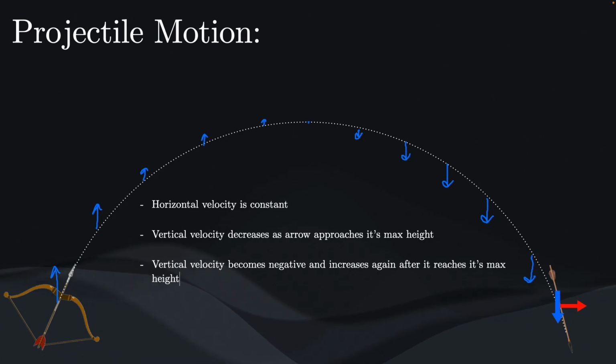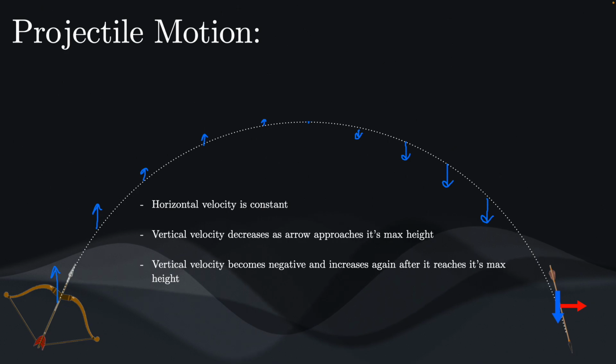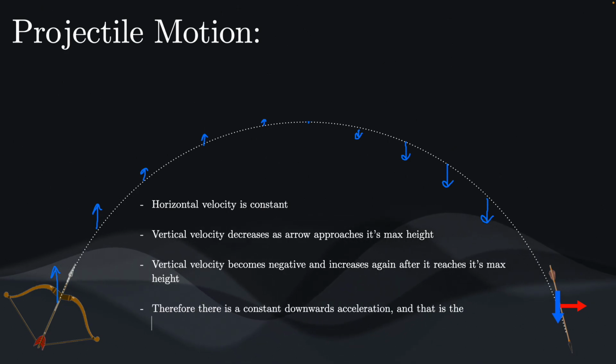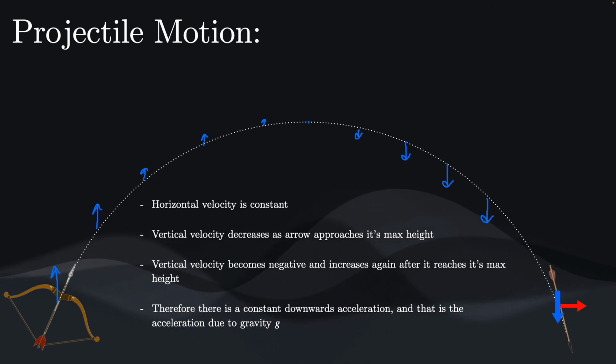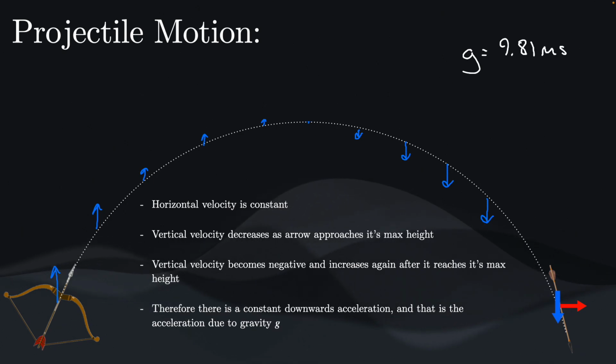Once it reaches its maximum height, its vertical velocity is actually 0, and it's only moving sideways. You can see that because the tangent is just straight forwards. The vertical velocity becomes negative and increases in the negative direction after it reaches its max height, and therefore there is a constant downwards acceleration, the acceleration due to gravity g. And g is in your data booklet, and it is equal to 9.81 meters per second squared.